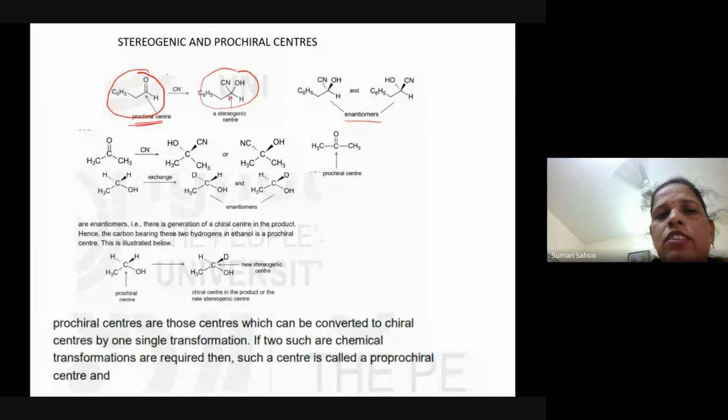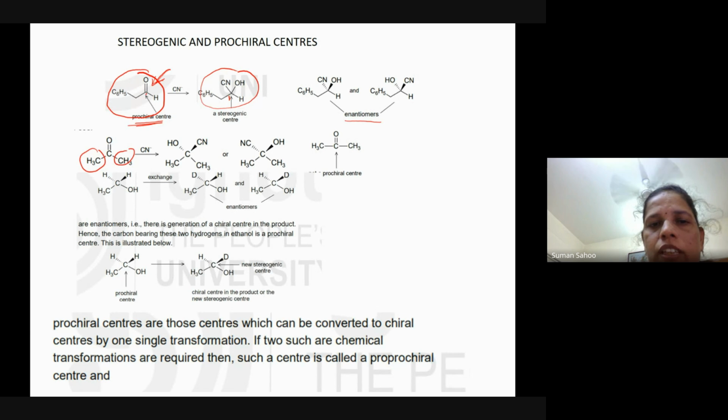Don't get confused with chirotopic faces and enantiotopic faces. This is the center, and that one is your face. Okay, so when both the substituents on this ketone are the same, then you are not getting any chiral center, although we have written it like this.